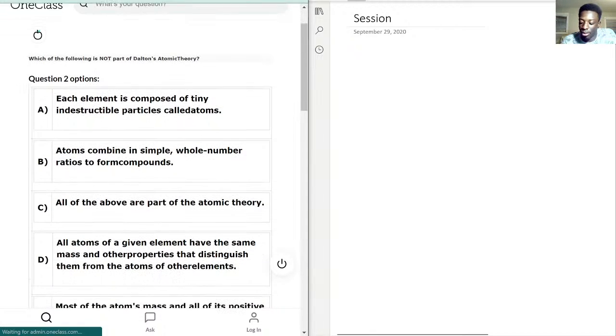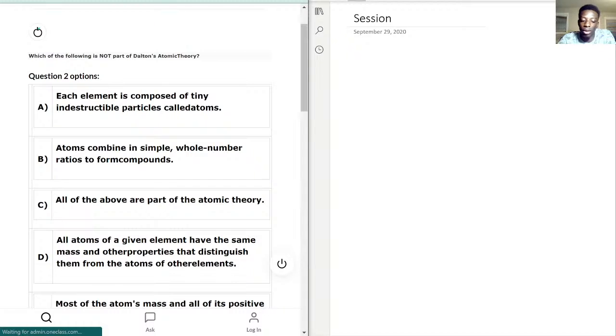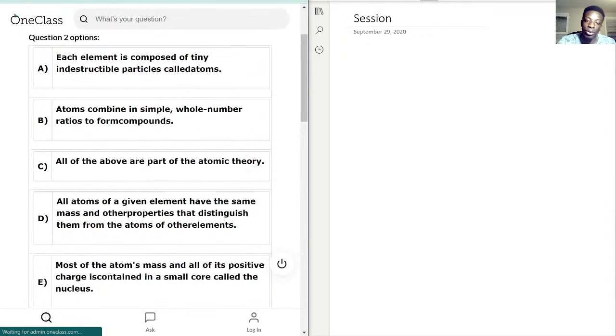Which of the following is not part of Dalton's atomic theory? This one's another one of those conceptual questions as well. The way I answered this one, when you read through it, in fact, I'll just write it down.